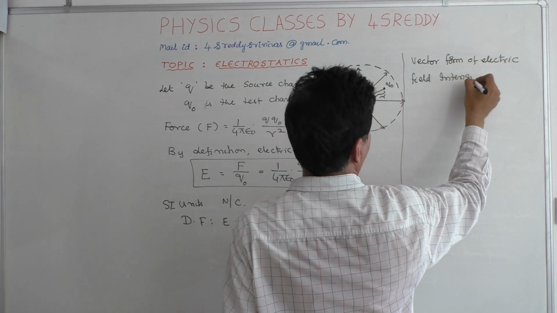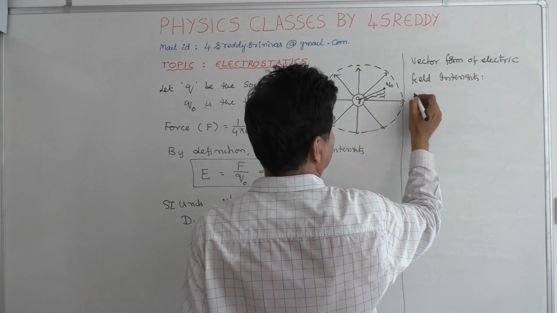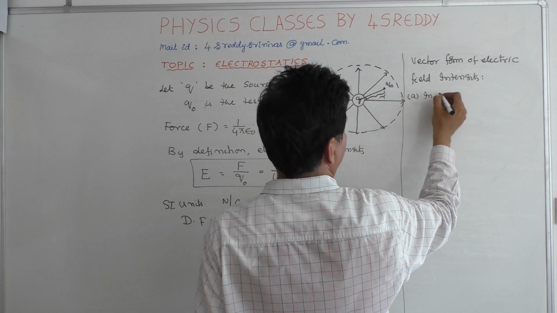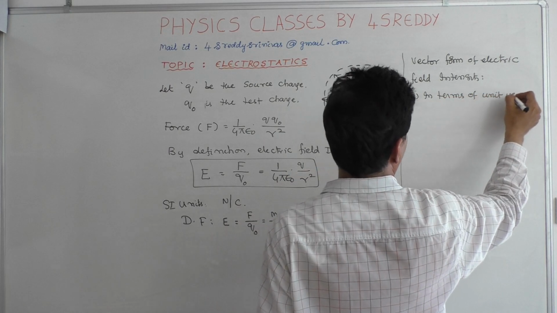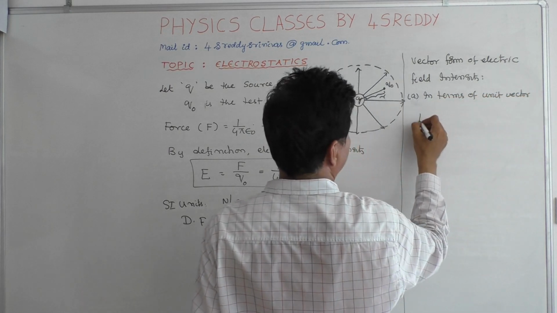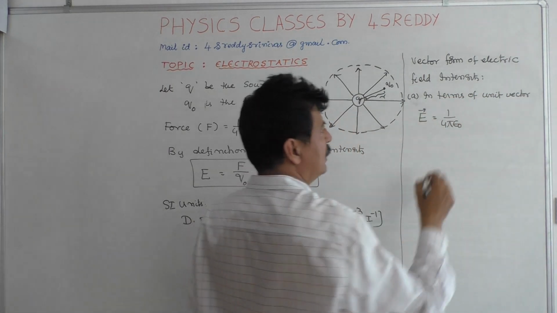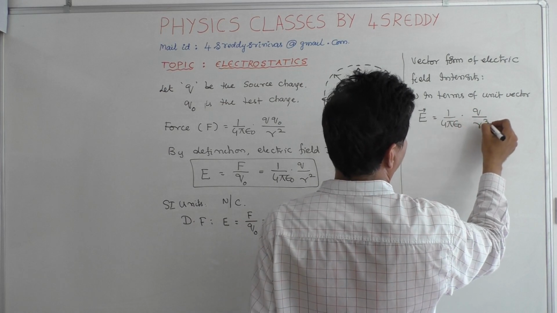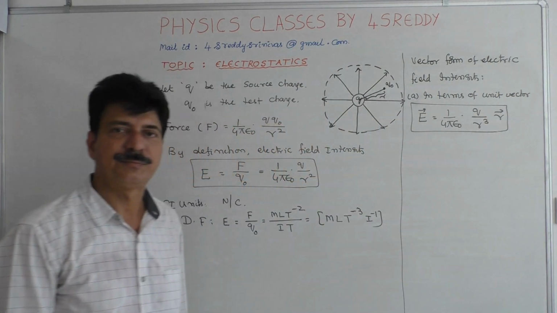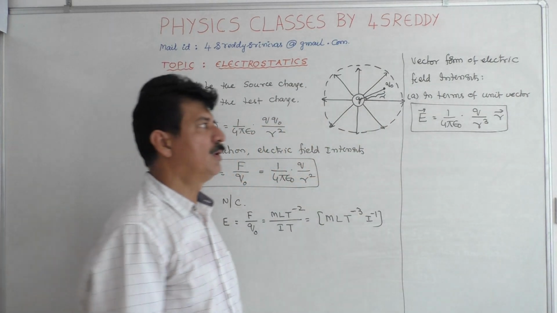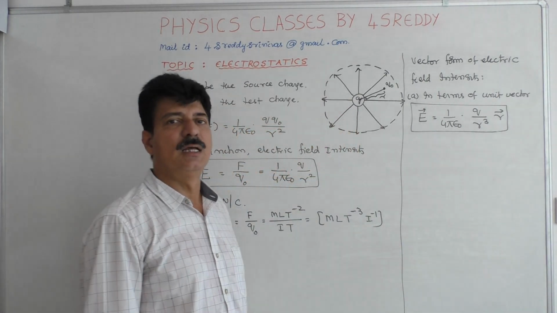In terms of unit vector, E bar is equal to 1 by 4 pi epsilon naught into Q by R cube into R bar. Suppose you want it in terms of position vector, it is the same. This is the electric field.